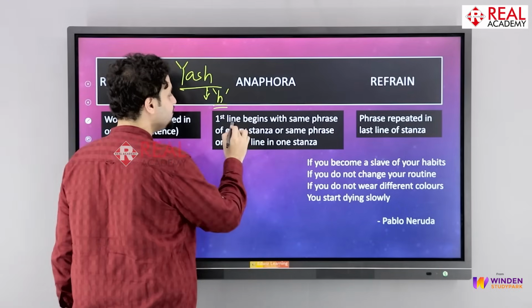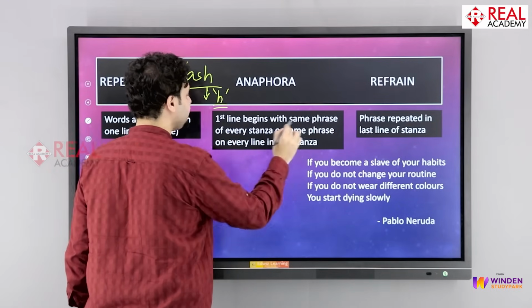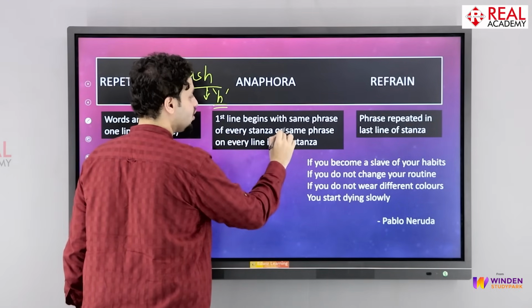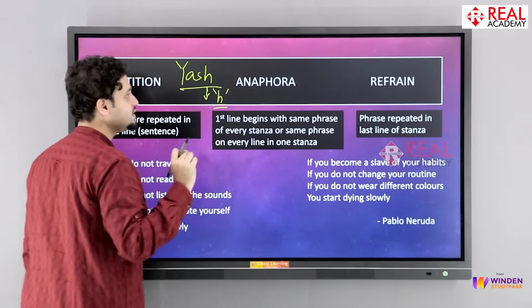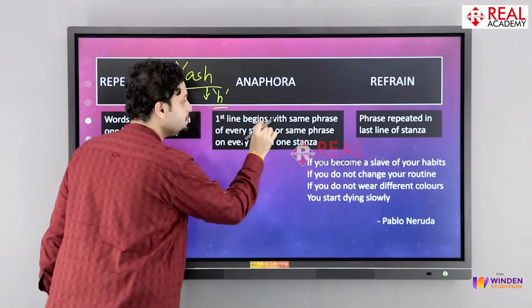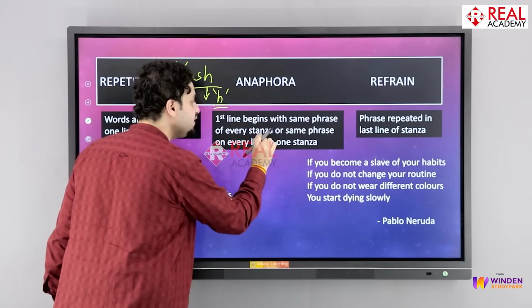Anaphora. In anaphora, the first line begins with the same phrase in every stanza, or the same phrase begins every line in one stanza. So what is anaphora? The first line begins with the same phrase in every stanza.